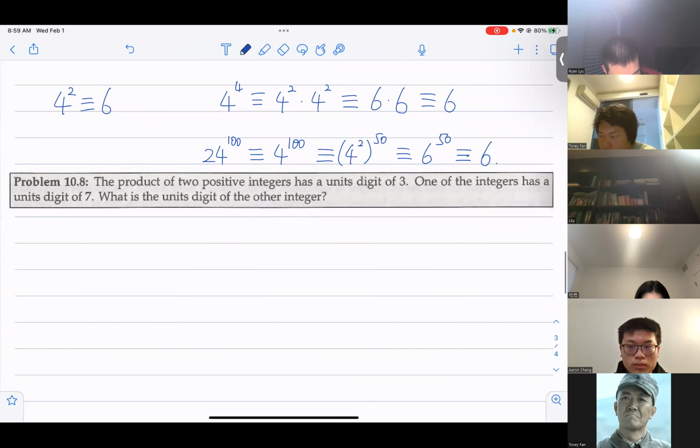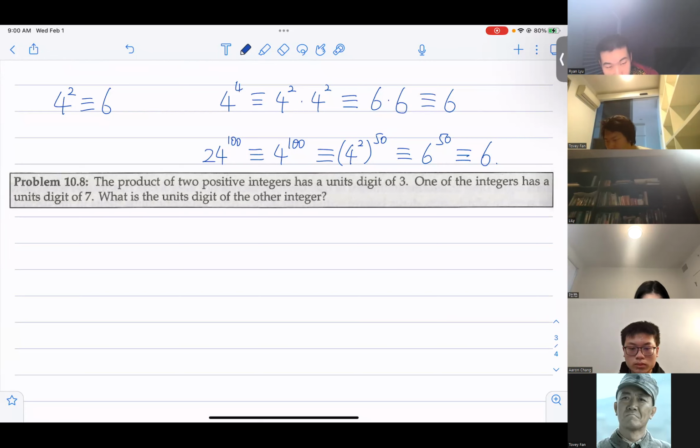Okay. Let's look at the word problem. The product of 2 positive integers has a unit digit of 3. One of the integers has a unit digit of 7. What is the unit digit of the other integer? Shouldn't be hard.